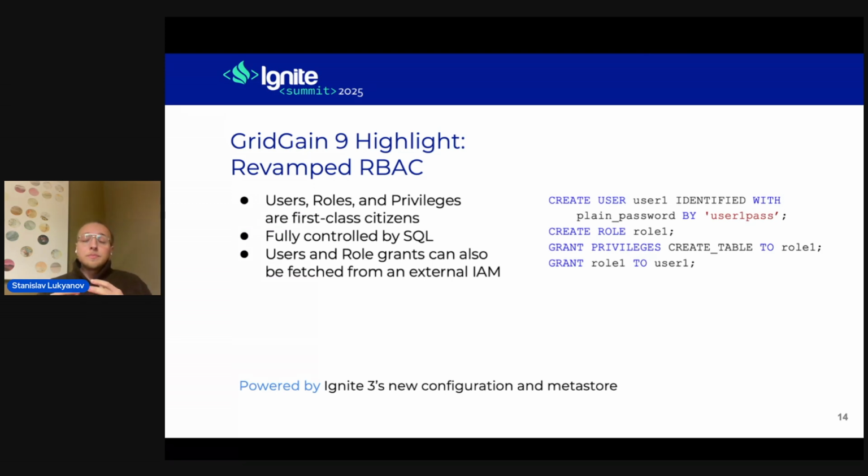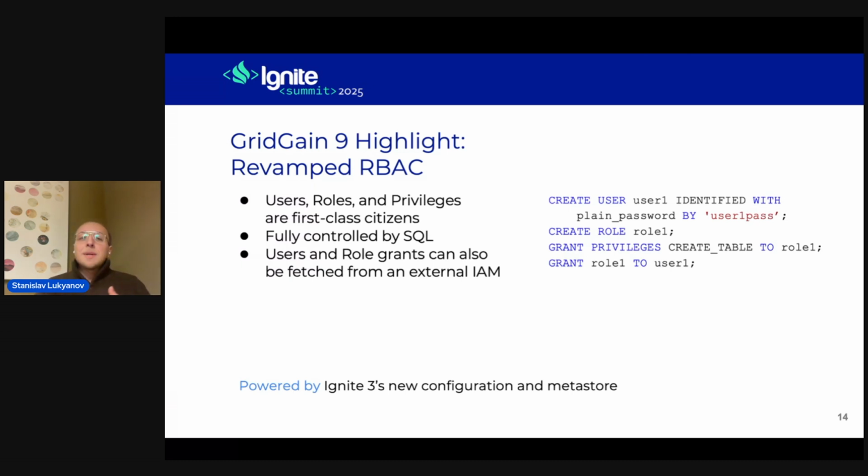And if you want to use an external provider, you can also fetch the users and roles for these users from an external system, again, something like Active Directory or maybe an identity manager on your cloud provider. And then these role grants will be mapped to the roles that you create inside of GridGain with the GridGain specific privileges.